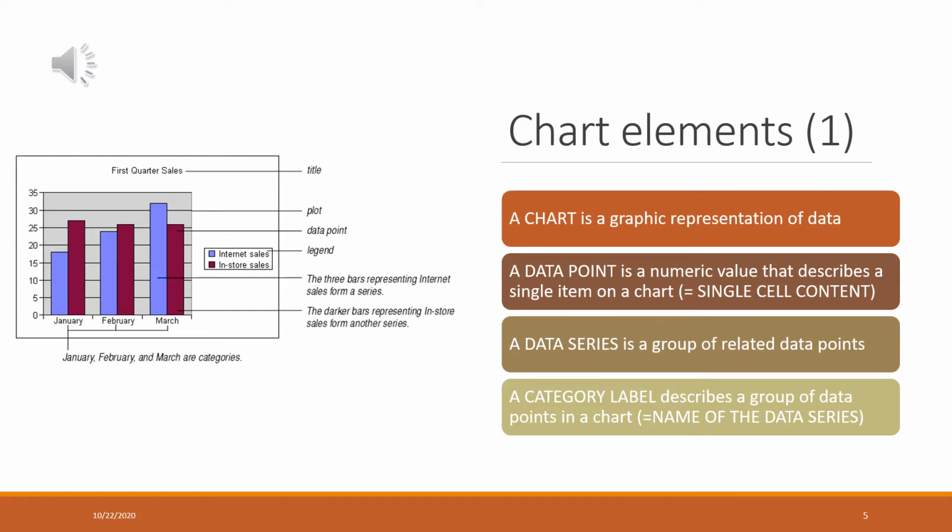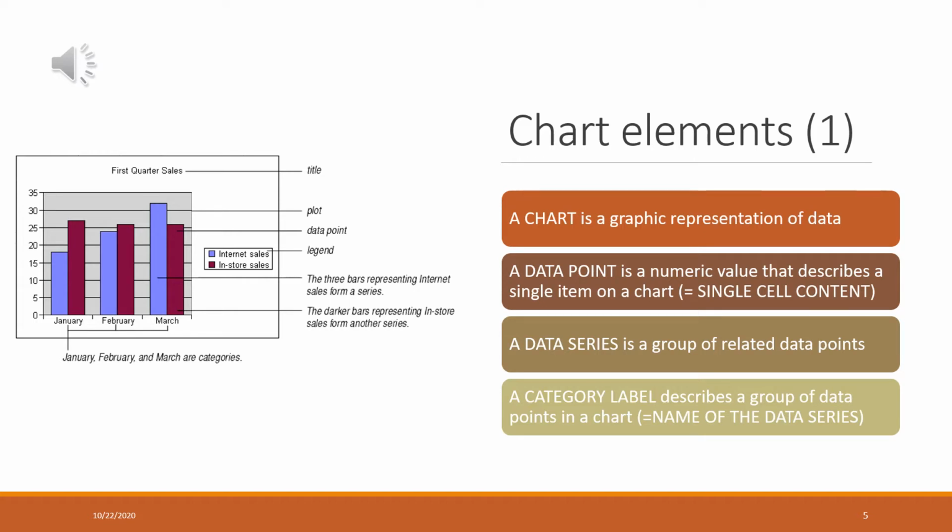Then three very important things: data point, data series, and category label. Data point is the single value that you find in one cell of Excel, which is then represented in the chart. So data point is 26, it's 15, it's 30. It's the value of each bar if you want.